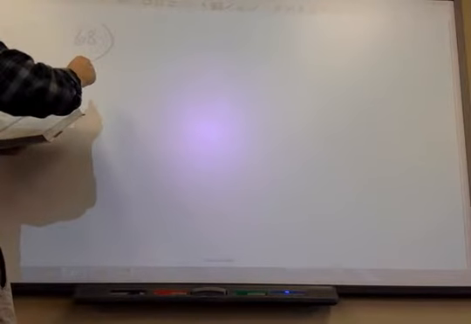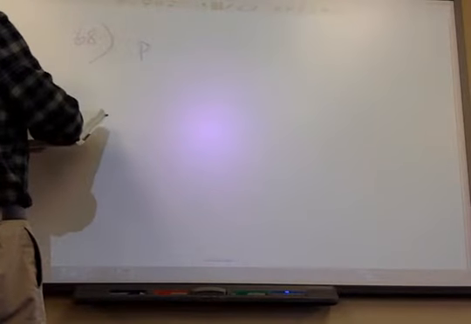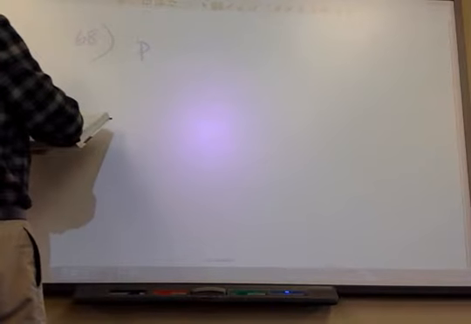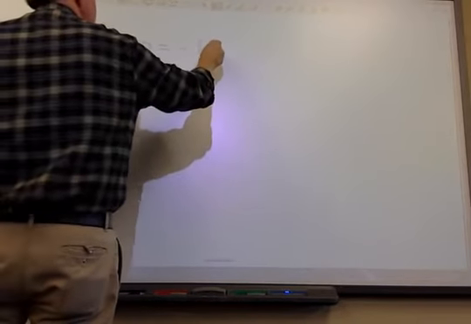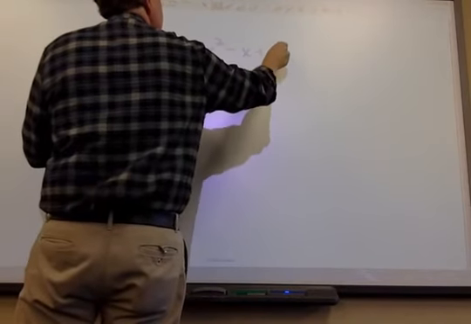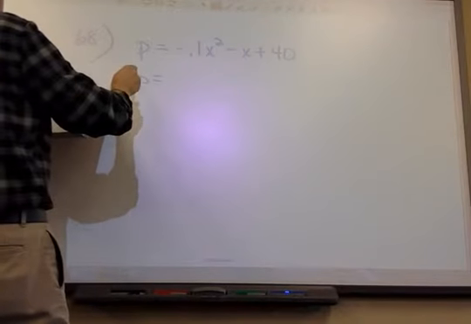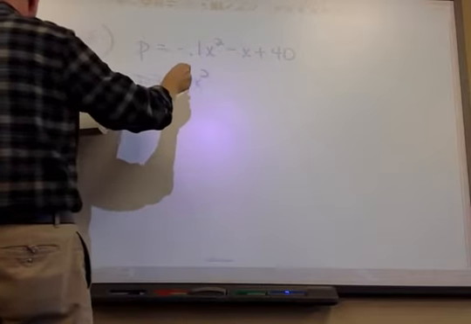The demand function for tires is, no, this is about tents. 68 is tents. The demand function for tents is P equals negative 0.1x squared minus x plus 40. And the supply function is 0.1x squared plus 2x plus 20.